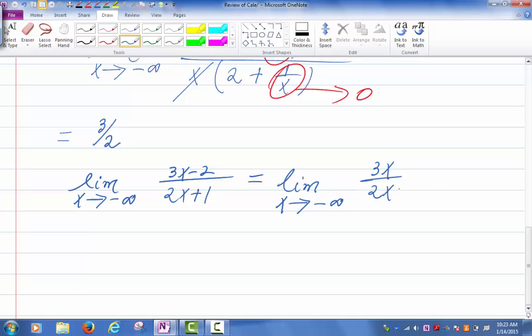What did I do? I ignored all the lower order terms. I only considered the highest order terms in the numerator and in the denominator, right? Is everybody okay?